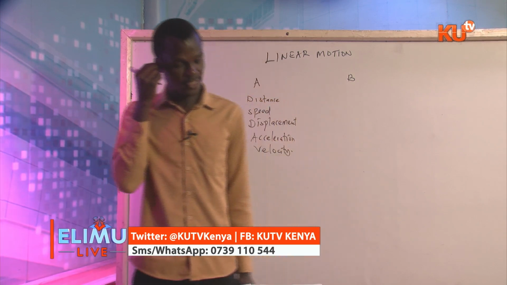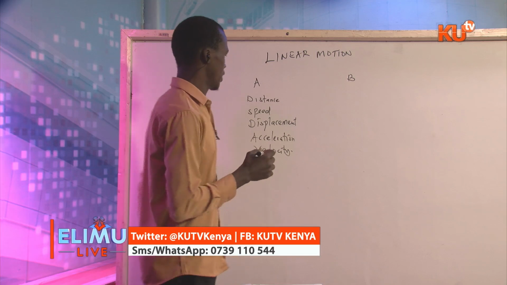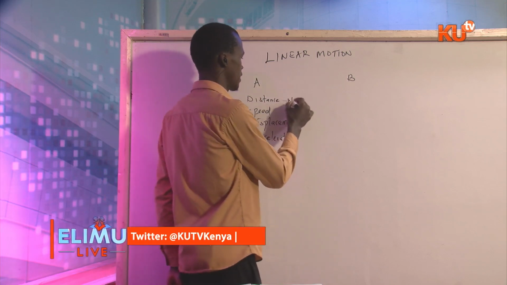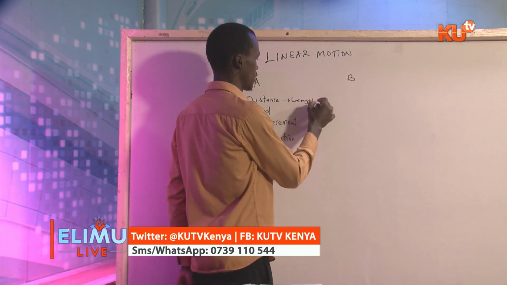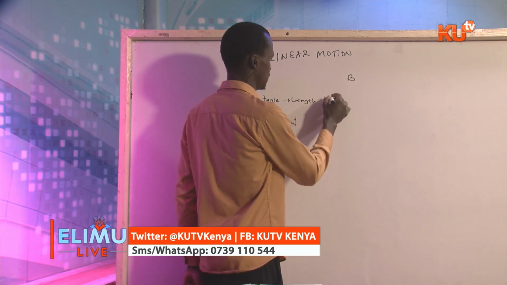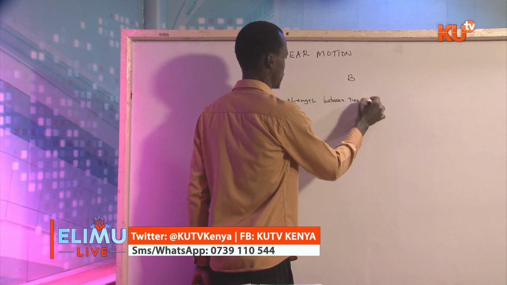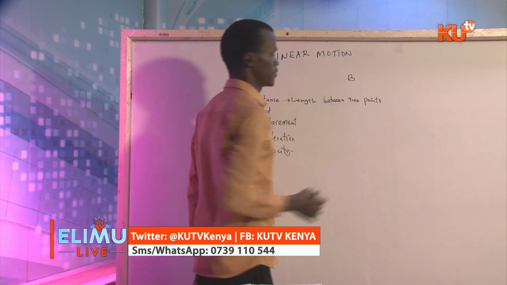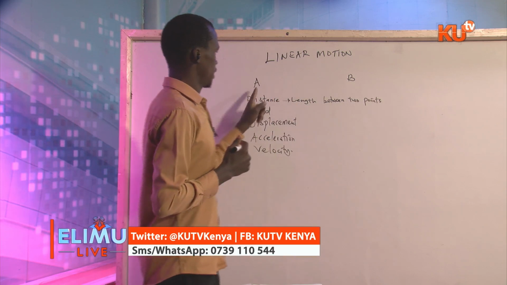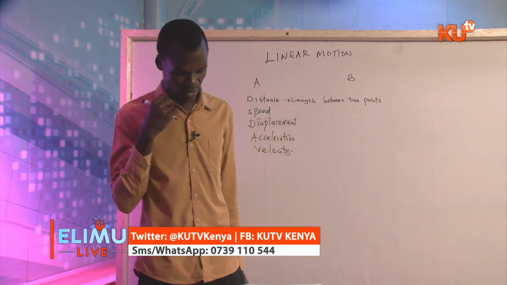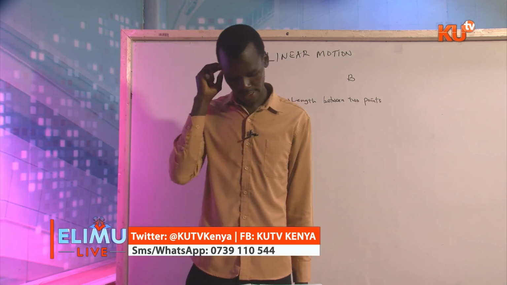Now, distance is just the length between 2 points. Length between 2 points, it's what we call the distance. For example, the length from point A to point B is what we call the distance.